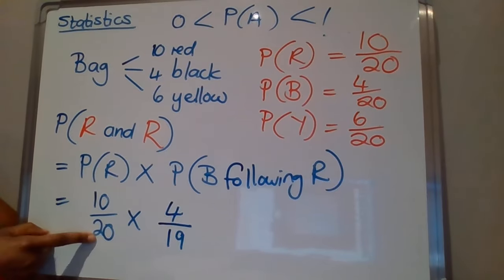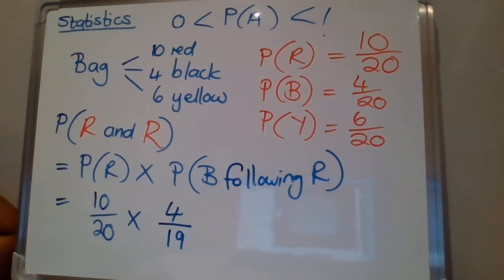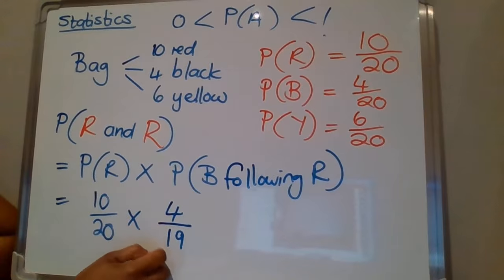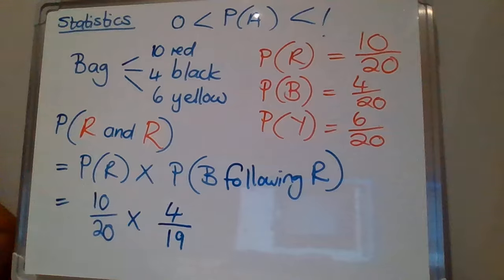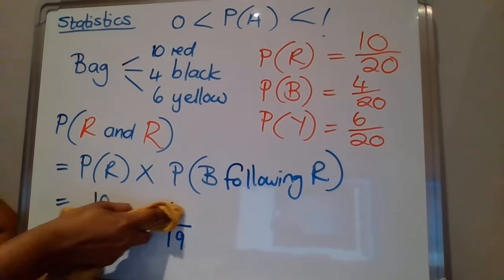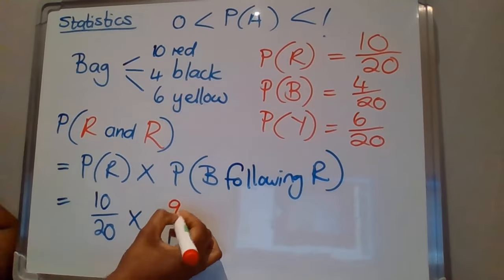So this one is still fine. My probability is still 10 out of 20. But now when I take out the red ball here, how many possibilities do I now have? My total number of outcomes is still 19. But how many red balls are remaining? So the remaining red balls here are going to be 9.